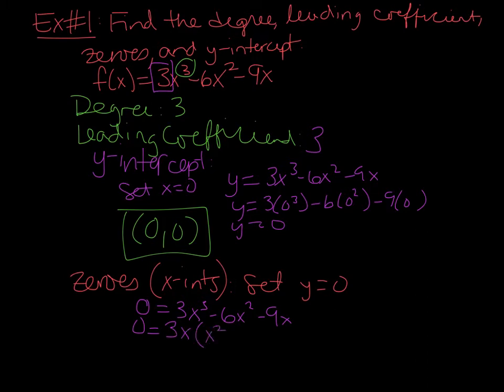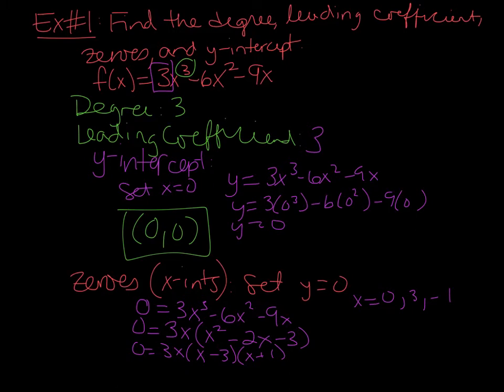That is going to give me x squared minus 2x minus 3. And when I factor that, I end up getting 0 equals 3x times x minus 3 times x plus 1. If I set each factor equal to 0, I get that my x values are 0, 3, and negative 1.